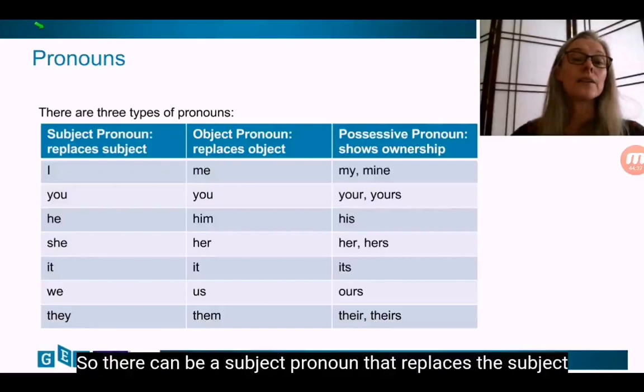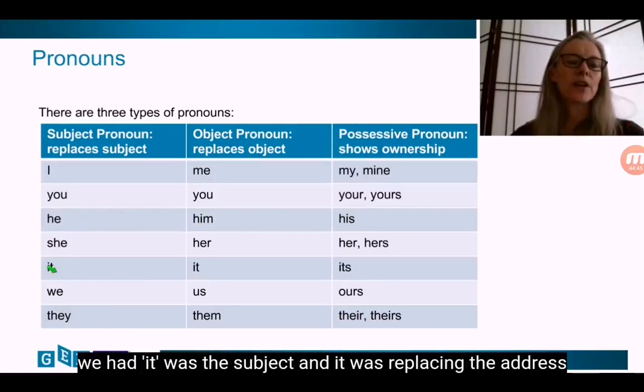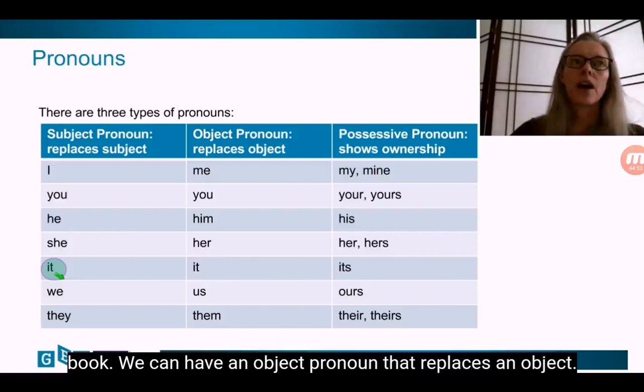So there can be a subject pronoun that replaces the subject of a sentence. So for instance, in the previous example, we had it was the subject, and it was replacing the address book. Right? We can have an object pronoun that replaces an object.